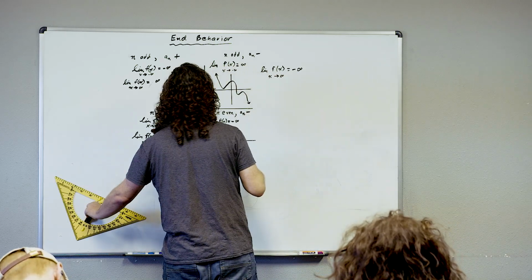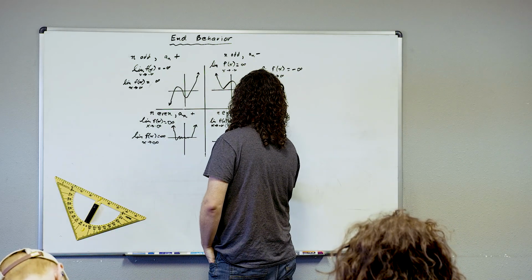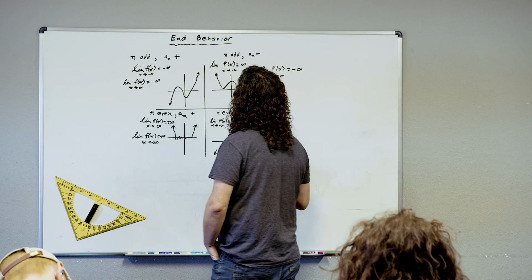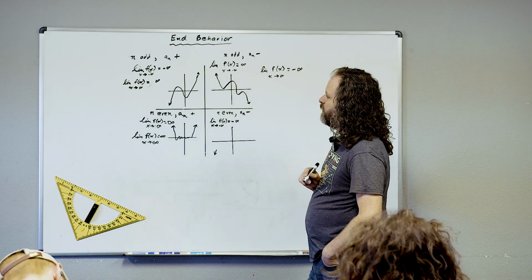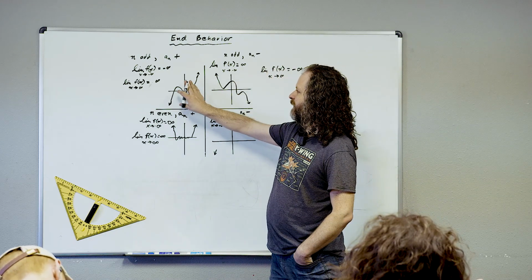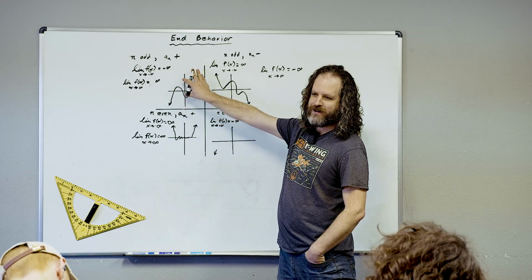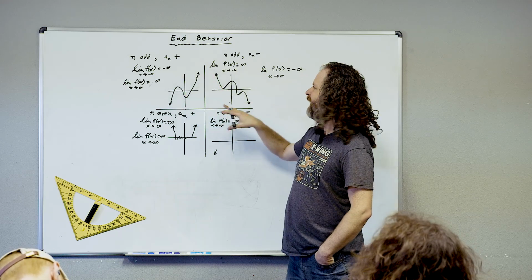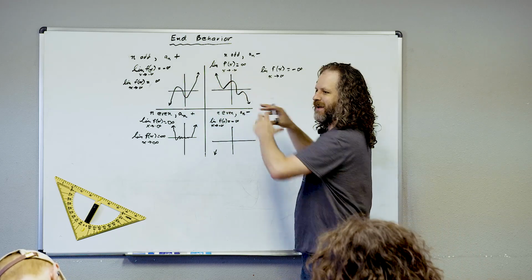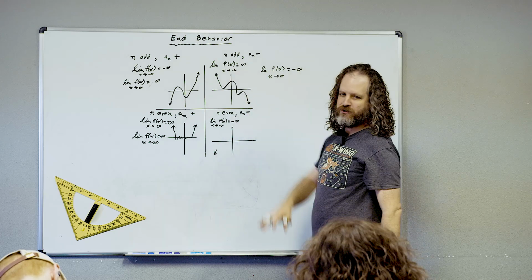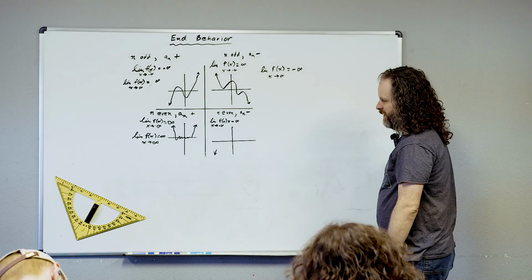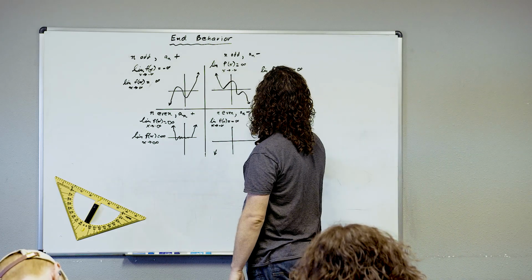And for the odd ones, whatever a sub n is determines where the one going towards infinity goes. You can kind of think about it as this kind of has a positive slope and this has a negative slope, like if we drew a linear function over there.